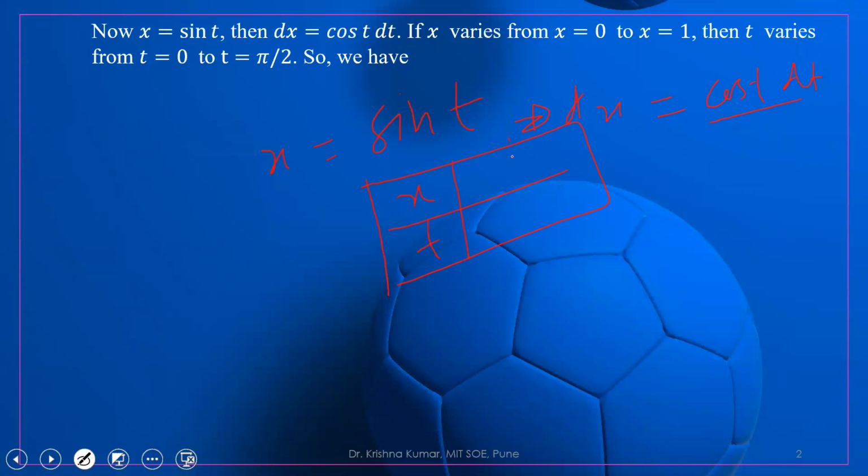If x is equal to 0, what is the value of sine 0? Sine 0 is 0. If x is equal to 1, then what is the value of t? This is sine pi by 2, sine 90. So the value of t is pi by 2. So what is the limit of this integral? It is 0 to pi by 2.